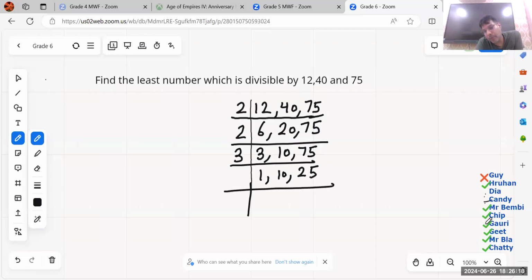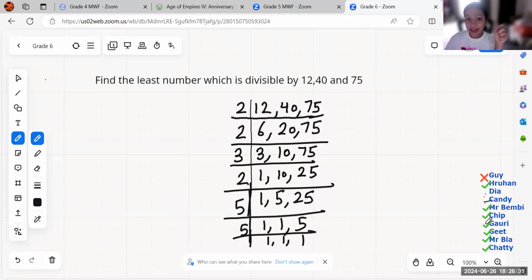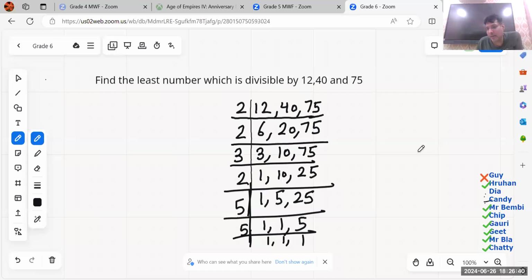Then one more 2: 1, 5, and 25. Then I can take 5 twice: 1, 1, and 1. Okay, Guy, you understood?